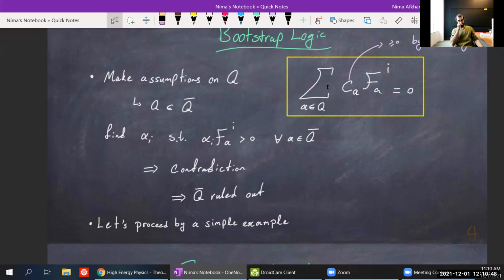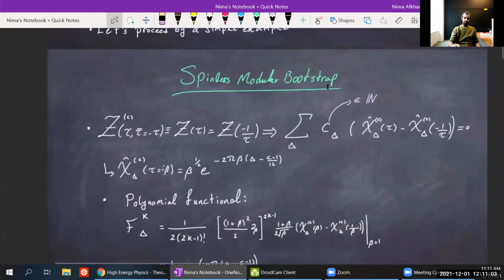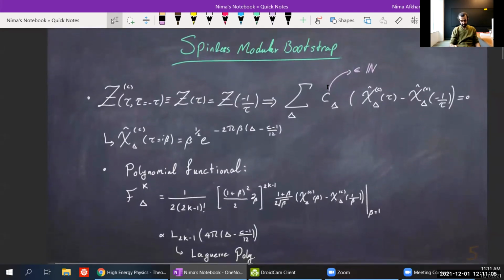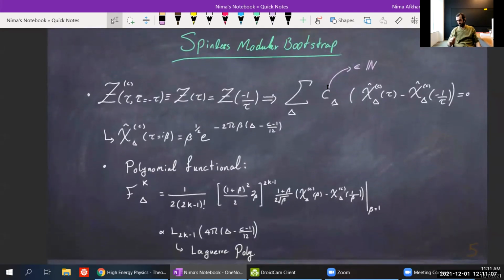But to be concrete and to try and pass over to the different formulation, let me consider the simplest possible non-trivial example of a conformal bootstrap problem I can think of, and that's the spinless modular bootstrap problem. This problem is very simple.